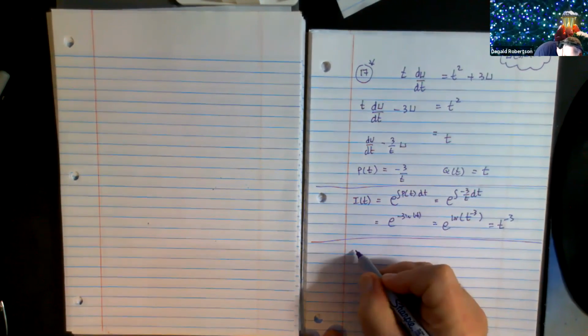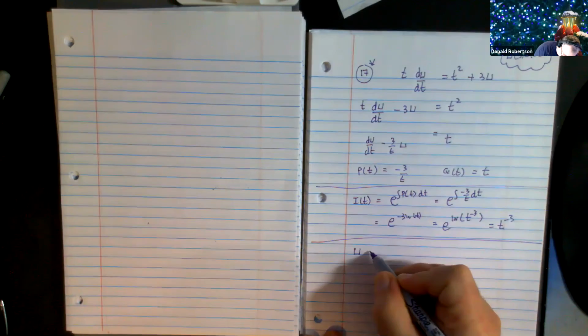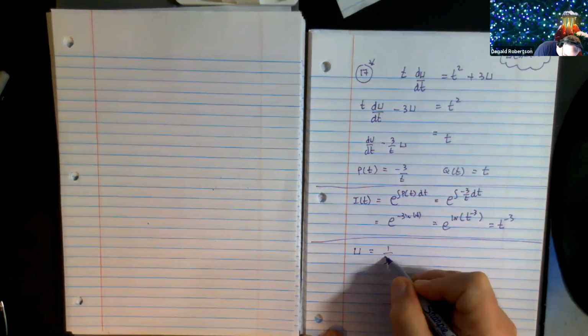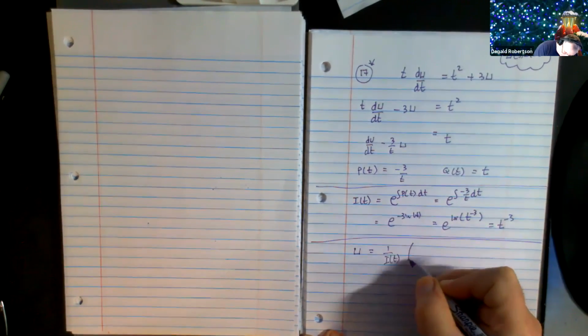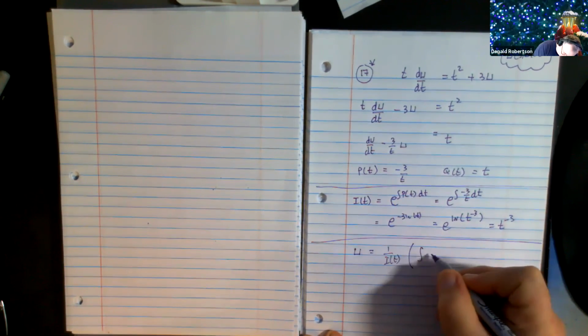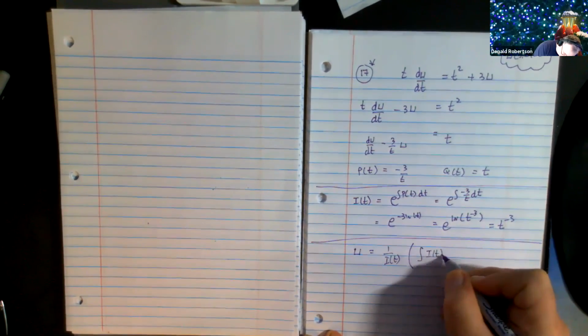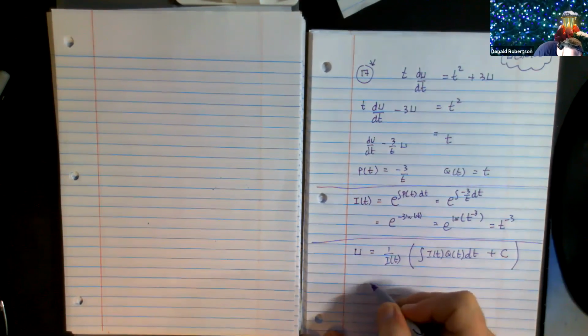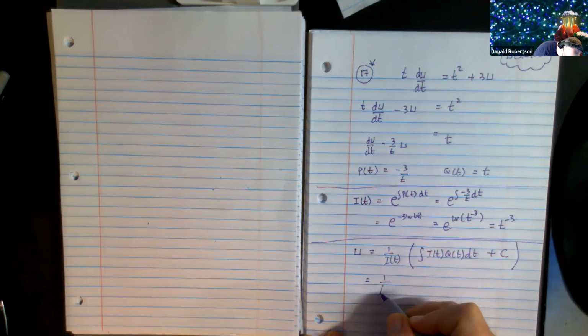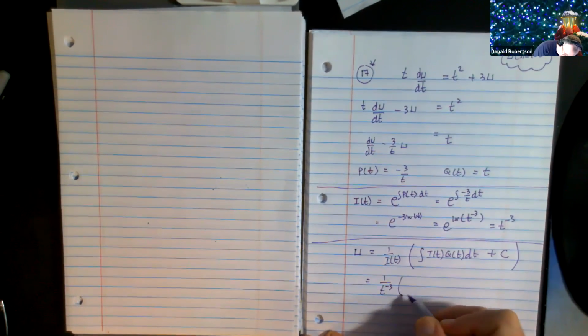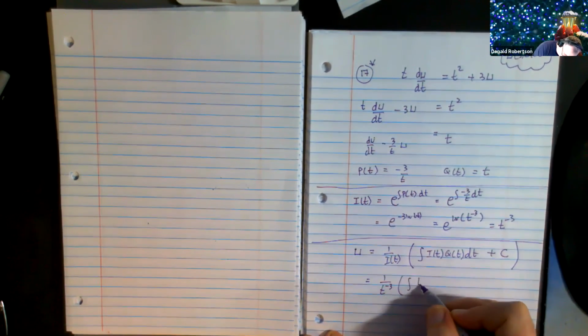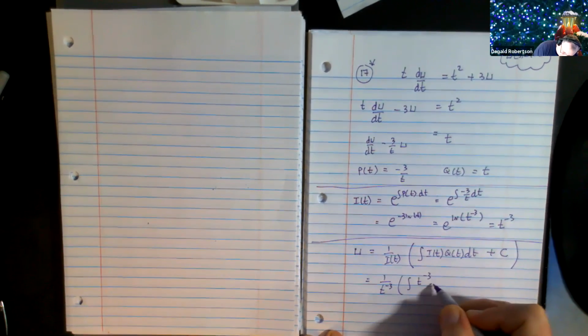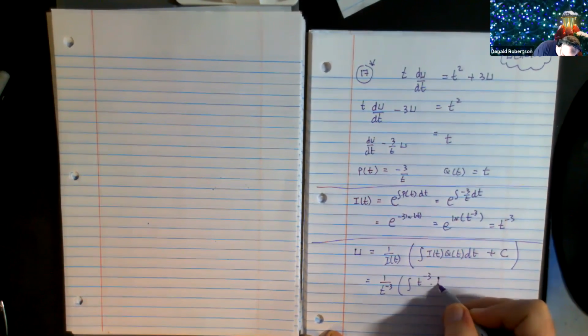So now we're going to find the solution. In this case, it's u equals 1 over t, the integral of I t q t, one over this guy, the integral of this guy times q.